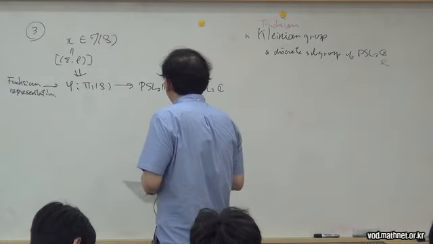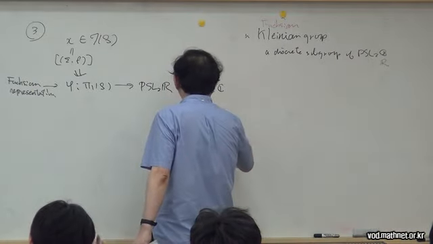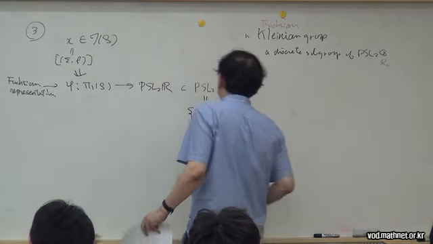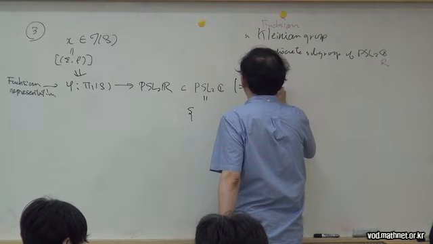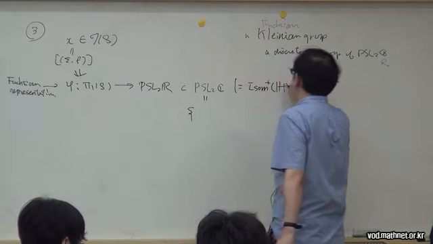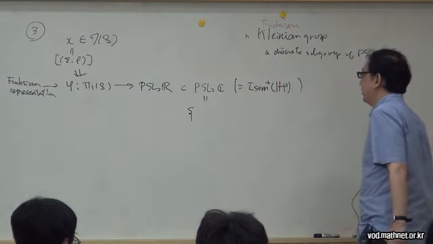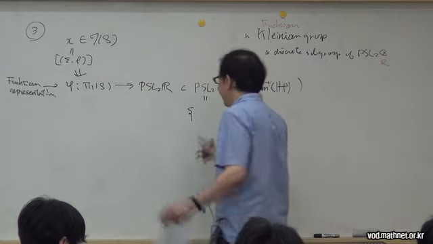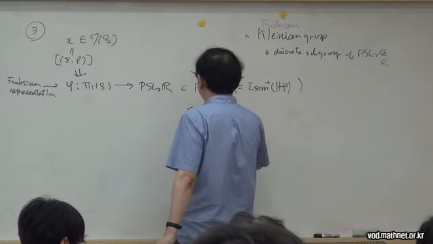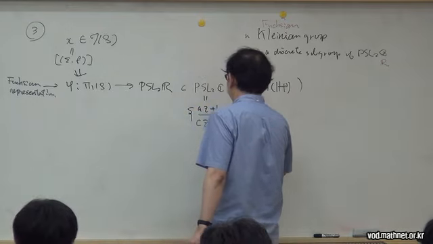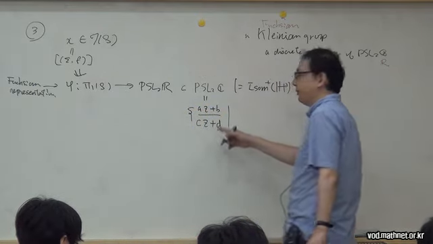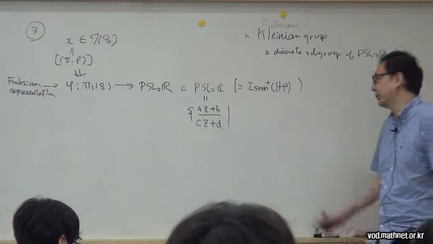PSL(2,C) is the orientation preserving isometries of H3, but at the same time it's a linear fractional transformation.